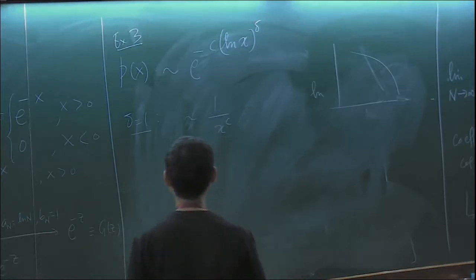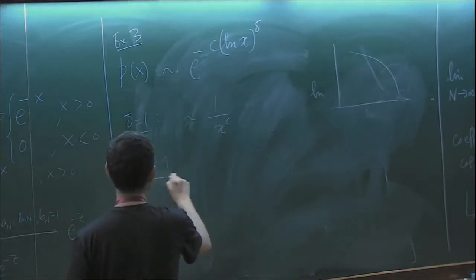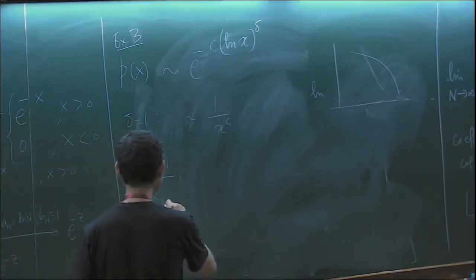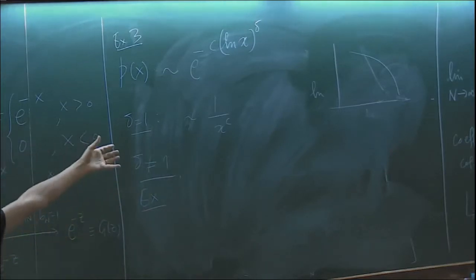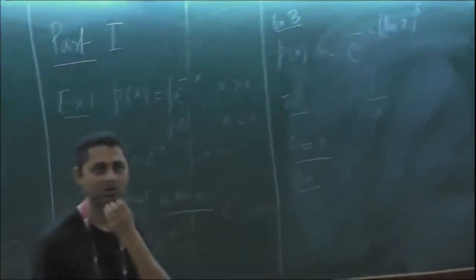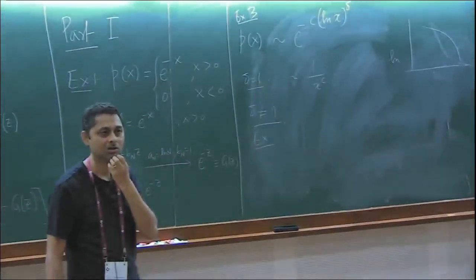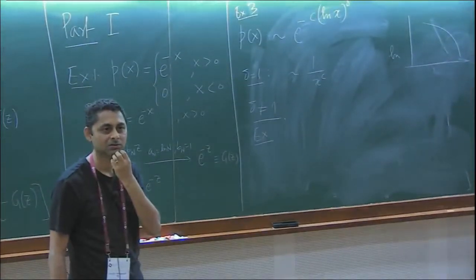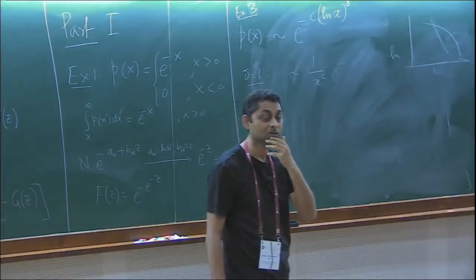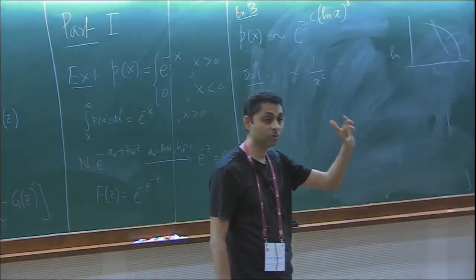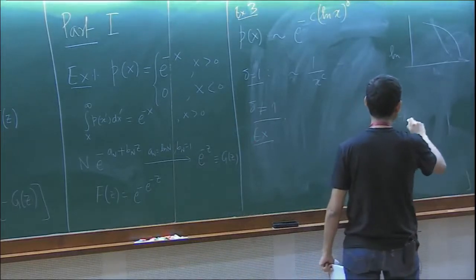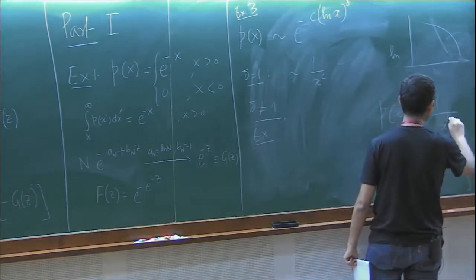So for delta not equal to 1, there are two exercises. One exercise is to show that this function is slower than power law. So what is the peculiarity about power law? Power law goes like 1 by x to the power 1 plus alpha.